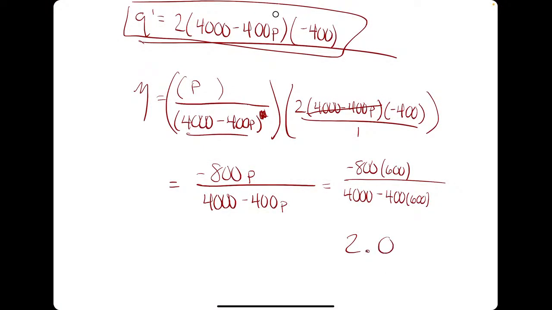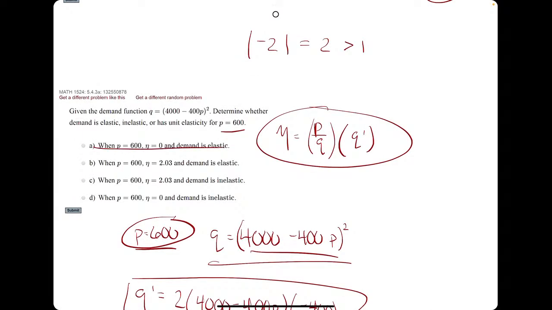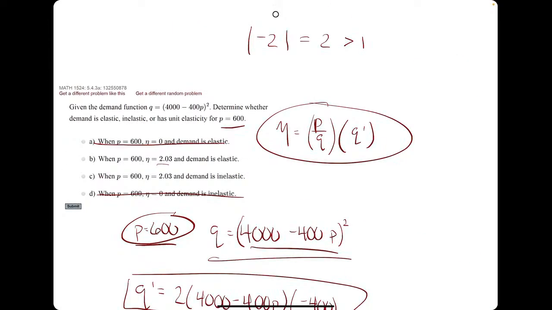So 2.03 for our, sorry, I'm a little shaky here, for our n value, for our elasticity. And so we can eliminate the zeros, and the absolute value of 2 is greater than 1, so it is elastic.